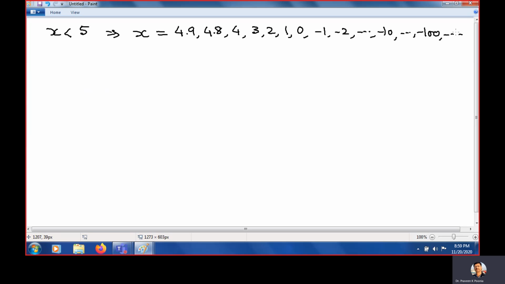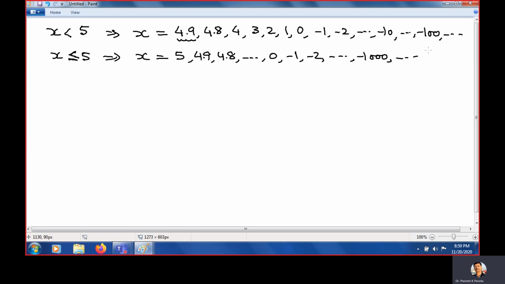That means we can take positive values up to 5 only and all negative values. And what is the difference with x less than or equal to 5? Here we started with 4.9, but now we will start with 5. So 5, 4.9, 4.8, and so on, 0, minus 1, minus 2, down to minus 1000. Clear? Any value less than or equal to 5.